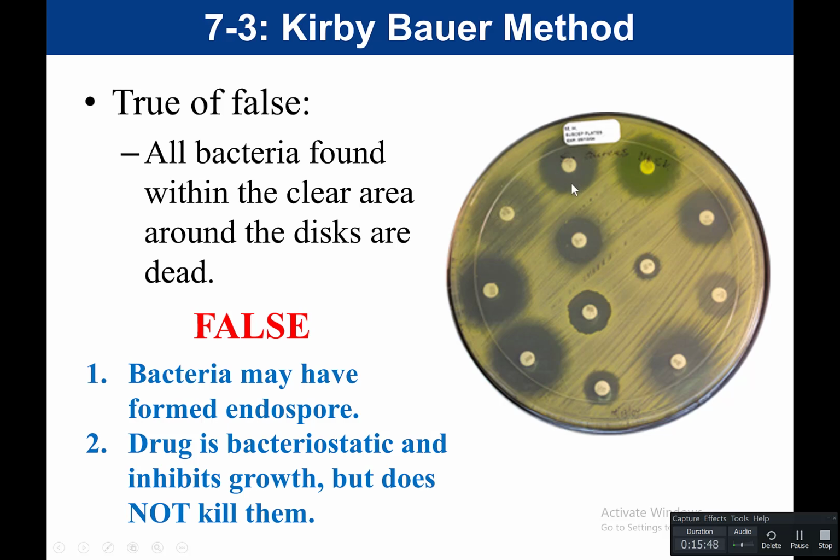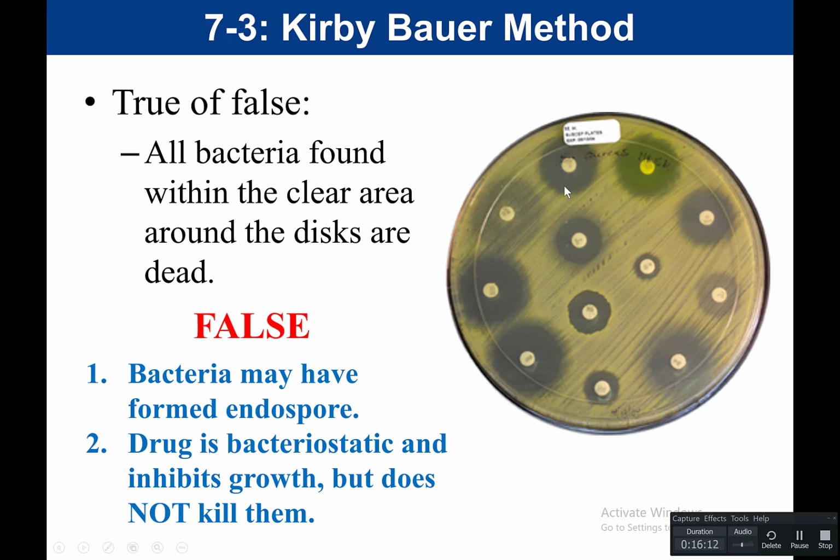And then you could inoculate a new plate. If you inoculate a new plate where the drug is not present and the bacteria now grows, well, that tells you that there was actually bacteria in this clear zone, but their growth was just inhibited.